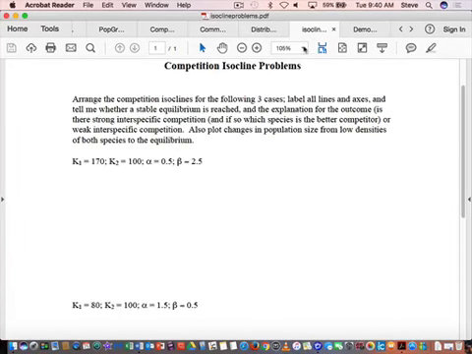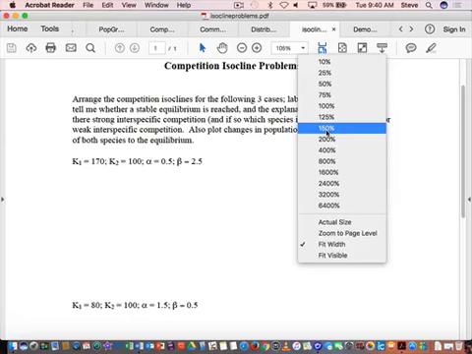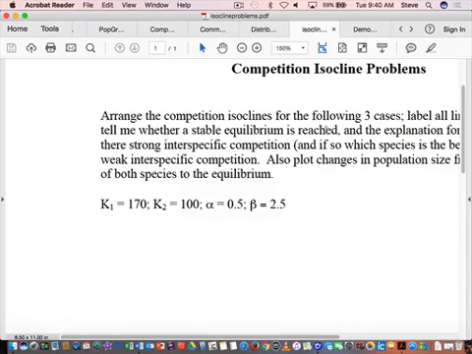Can you see that pretty well? Okay. Let's look at that one. If you get a question like this on the third exam, stop before you start calculating numbers. This is a little more difficult, but one of the things I would do first is look at these competition coefficients.